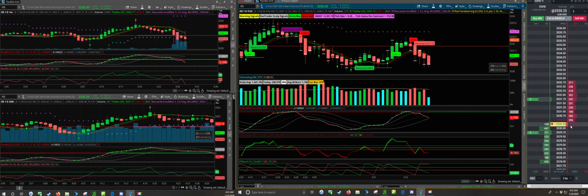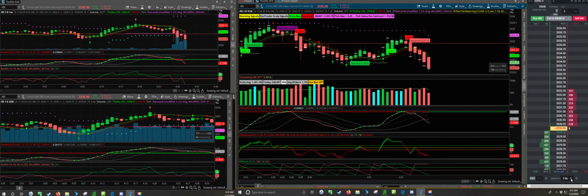Big level 2 at 28. Order filled. 30.25 short triggered. Go ahead and take your profit on that one.